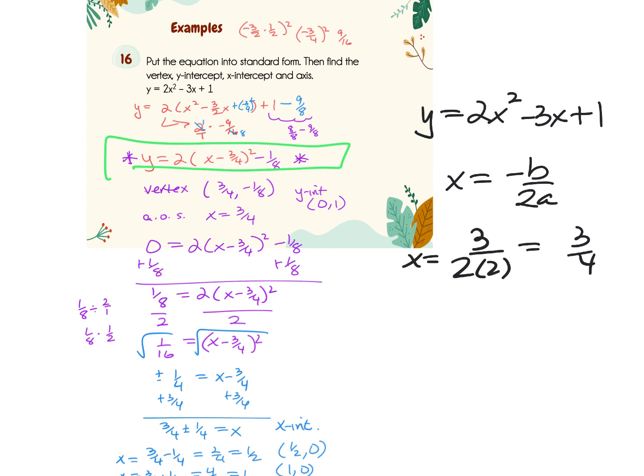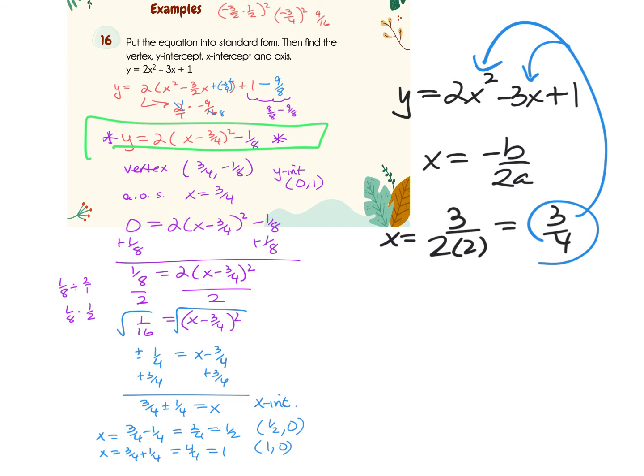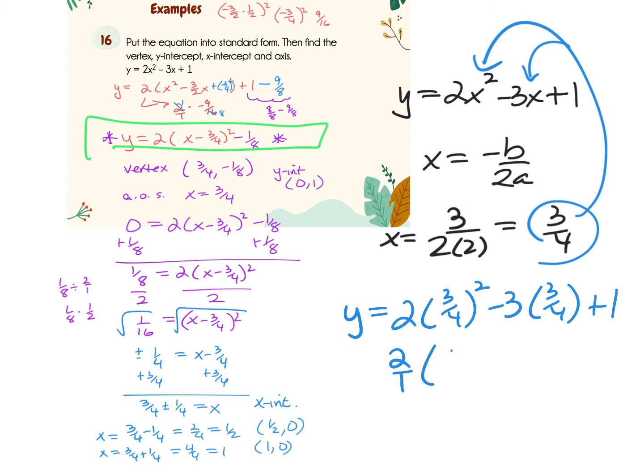Then what you can do is take this x, plug it in to both of the x's to get the y. So then now what we would do is y equals 2 times 3/4 squared. Multiply that. So then this becomes 2 over 1 times 9 over 16 minus 9 over 4 plus 1.